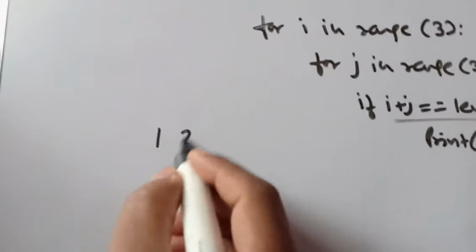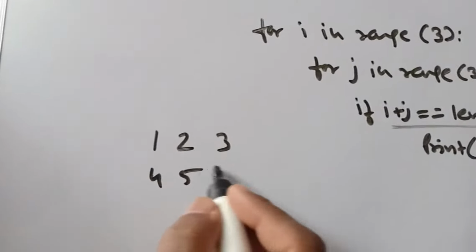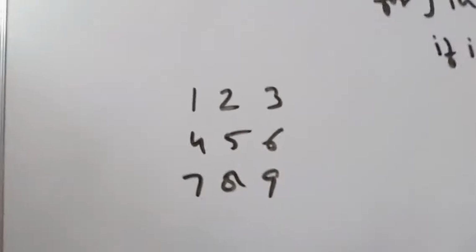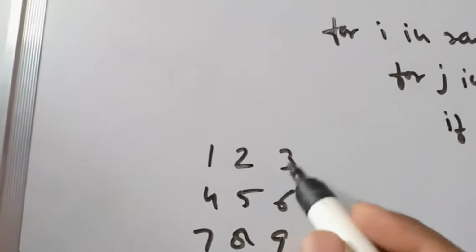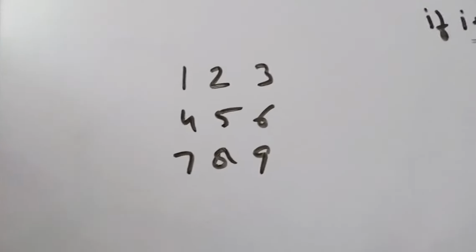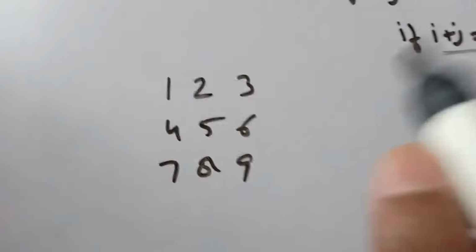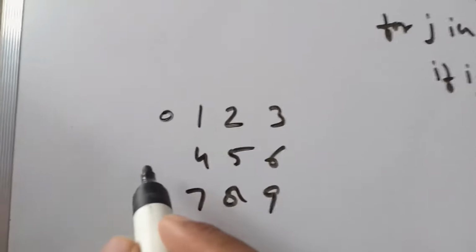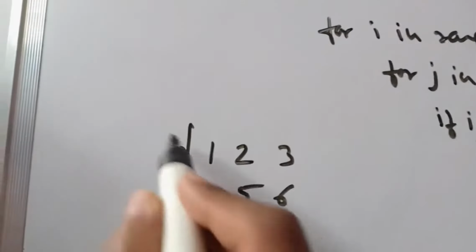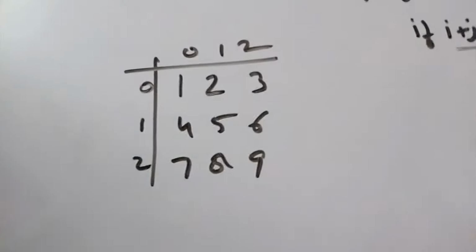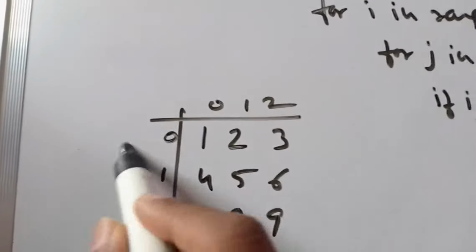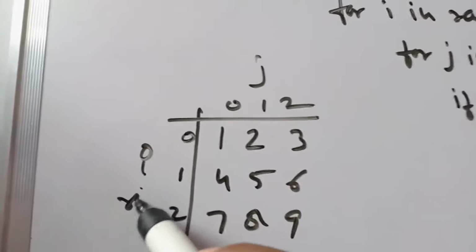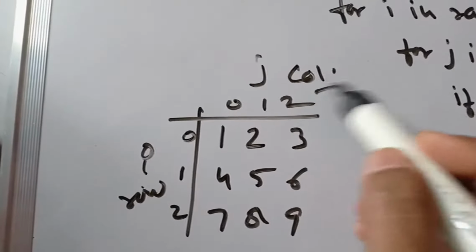For any problem related to this matrix, for the diagonals, for the values below the diagonal, above the diagonal, and a number of other problems I will give you to solve, you have to create the logic. Keep one thing in mind: every time you create a logic, it will be created with the relation of the addresses of I and J, or we can say the addresses of rows and columns.